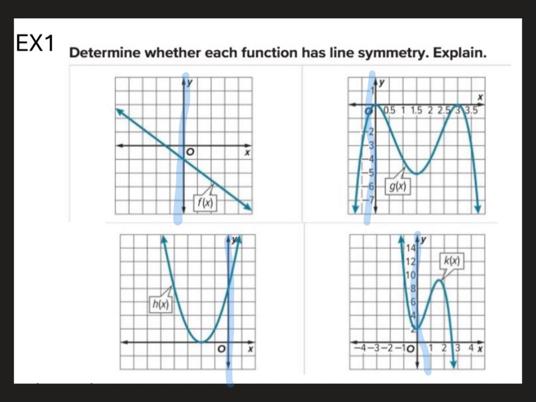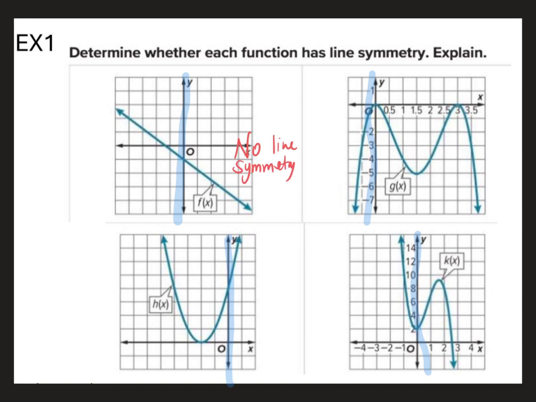That means look at x equals 1, 2, 3, 4, or negative 1, negative 2, negative 3, negative 4. Could you fold along those lines and produce the exact same graph on each side? For the first one, there's no line symmetry.